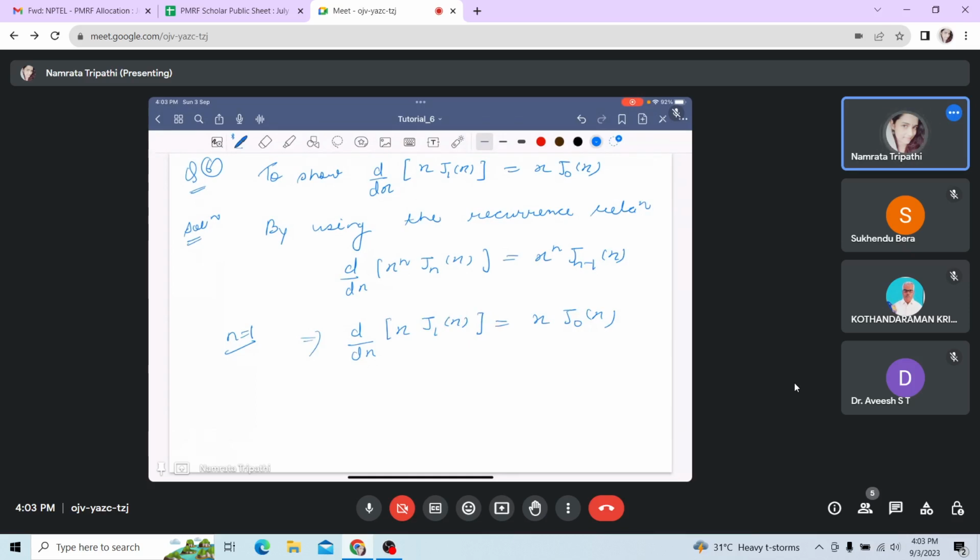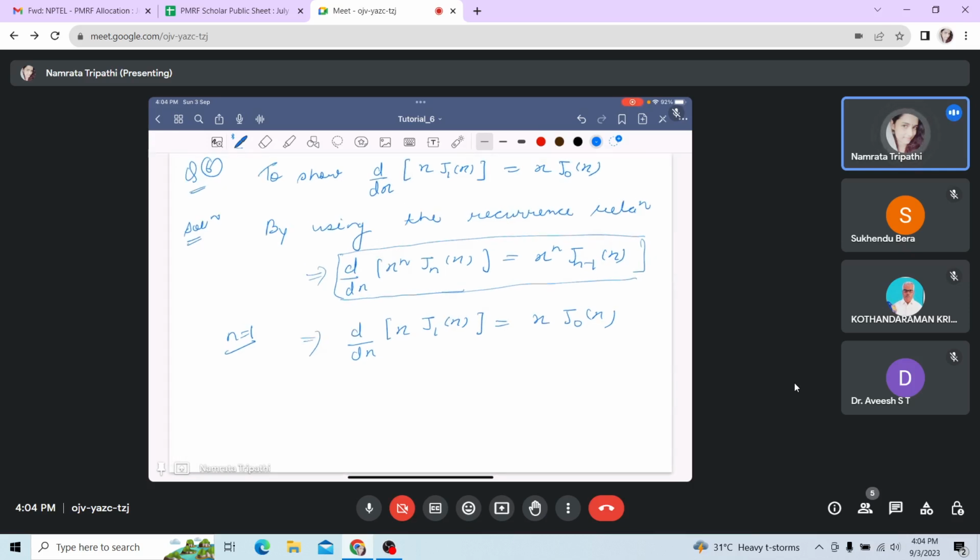I think there is no doubt in this question. You have to learn these recurrence relations. These types of questions are easy, but you can't solve them without knowing these recurrence relations. So you have to learn these recurrence relations. These are quite important from your examination point of view.